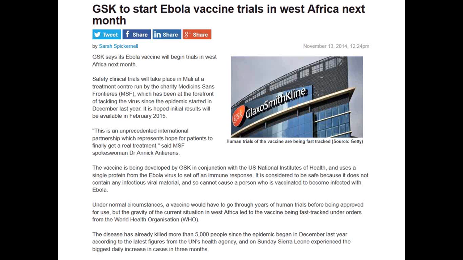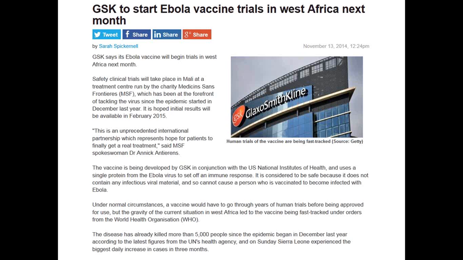We know that we're going to start vaccine trials in West Africa in the next month. Activity is already ongoing there. This will include both the GSK chimp adeno vaccine as well as the Newlink Merck VSV vaccine. There's much to work out with this, though.